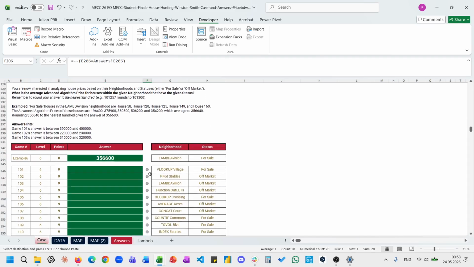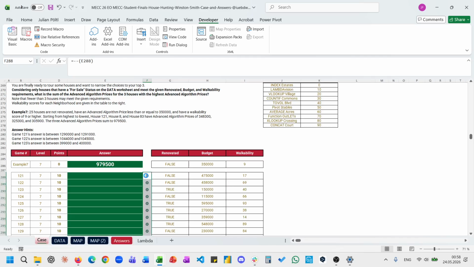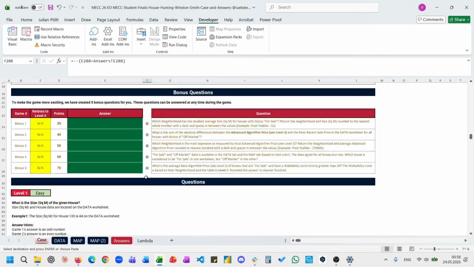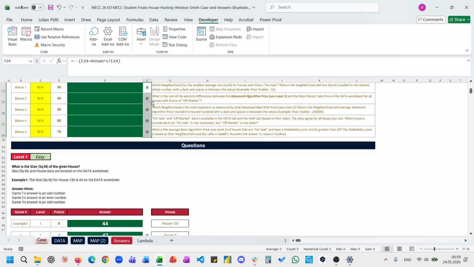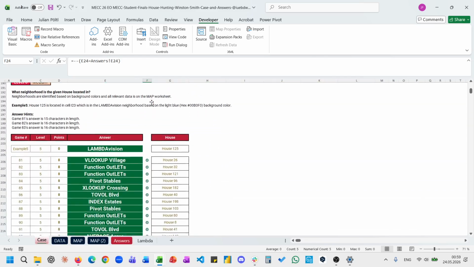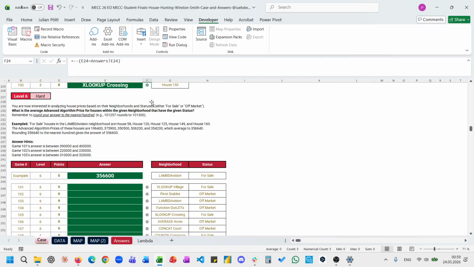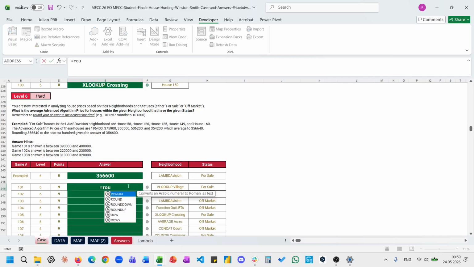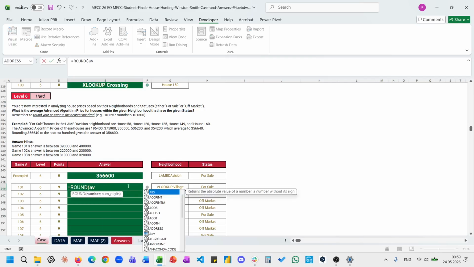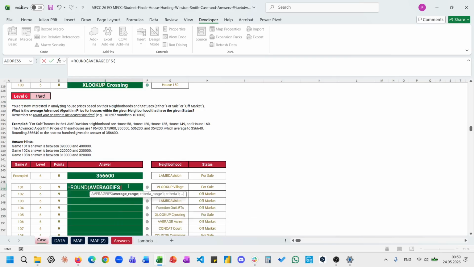Yeah, you see everything is all right, but let's copy this for all levels and for the bonus questions. Alrighty, level 6, AVERAGEIFS usage based on neighborhood. So round to the nearest 100, AVERAGEIFS. This is level 6.